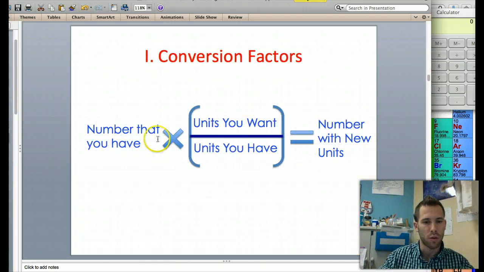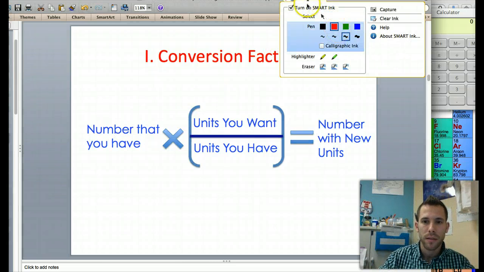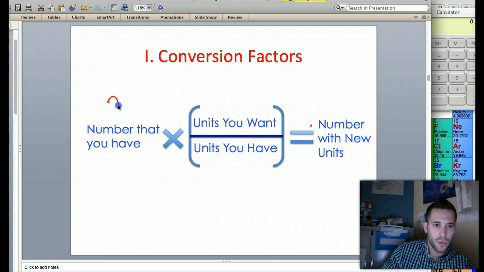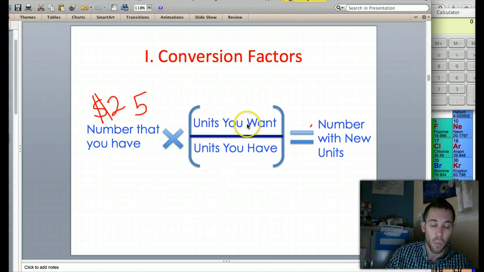Now, conversion factors work very simple. What you have right here is your conversion factor. The number that you have, say I started out with $25. If I had 25 US dollars, and I am trying to convert that into rand, I need to take the units that I want, which are rand, and put that over the units that I have, which are US dollars.